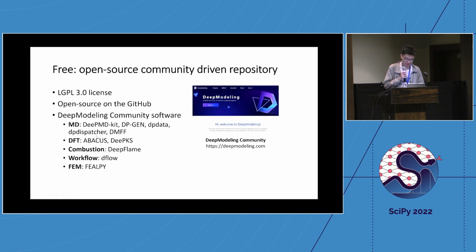The DP Dispatcher is a software that can submit your jobs to HPC, including training the model, molecular simulations, or calculating the forces on another machine, and it is useful for workflow software.